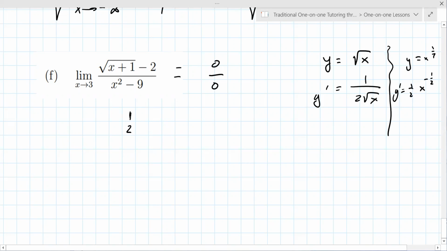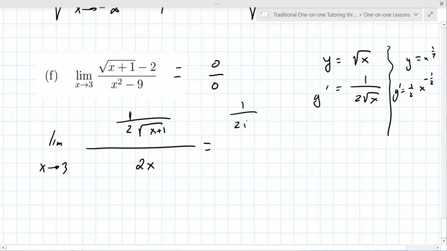So in this problem, 1 over 2 square root of x plus 1 is the derivative of the top, and the bottom is 2x. Limit as x approaches 3. Now you can just put the number in. It's 1 over 2 square root of 4, over 2 times 3, which is 6. Square root of 4 is 2, so it's 1/4 over 6. It's 1/24, which is way easier than what you had to do before this, which is multiply by the conjugate. You remember doing that, on the top and bottom.